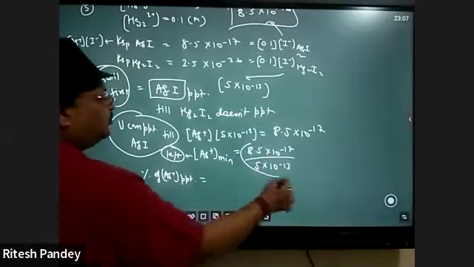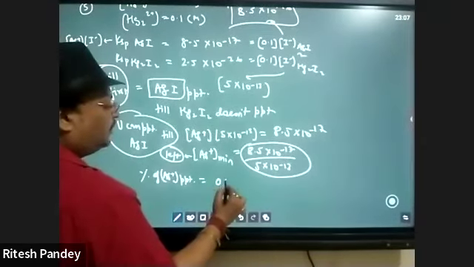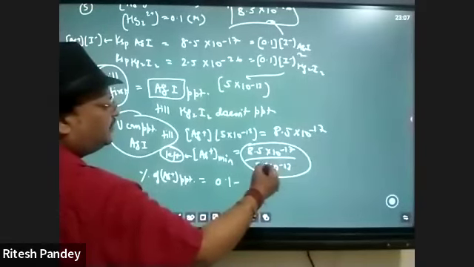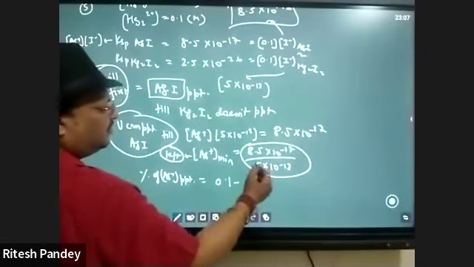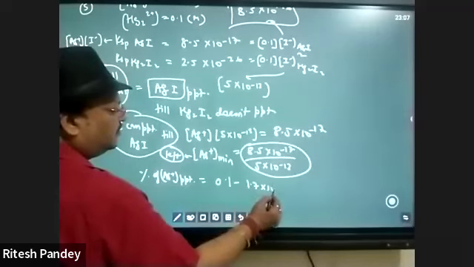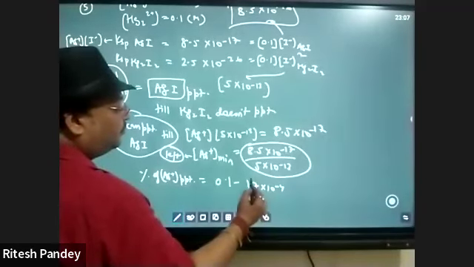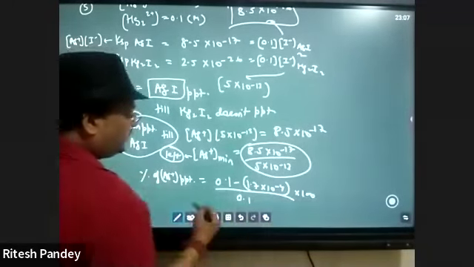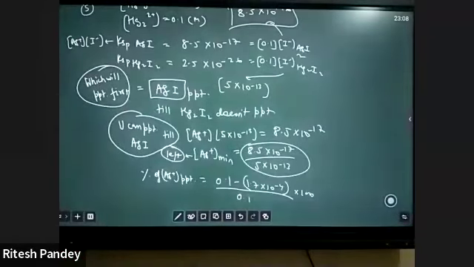Whatever value you get out here, 0.1 minus this. So what is the value which you get here? Please tell me. ये तो multiple हो जाएगा। 1.7 into 10 to the power minus 4. 1% 10 to the power minus 4. Is the percent which is precipitated? Yes or no? Yes.